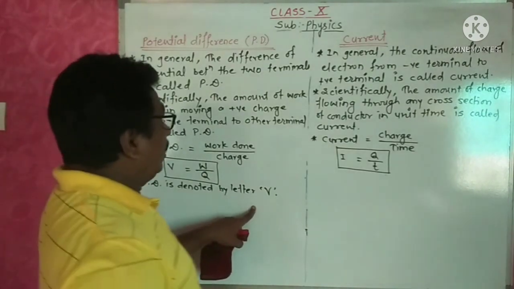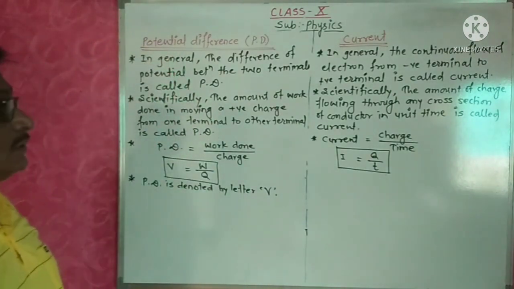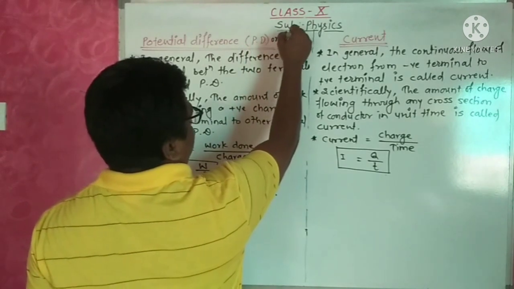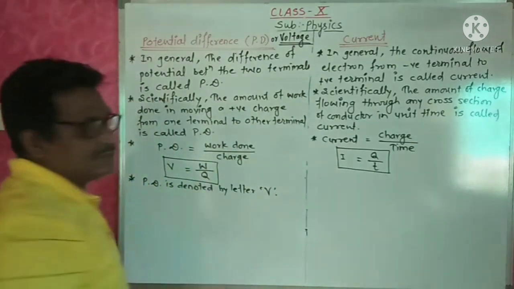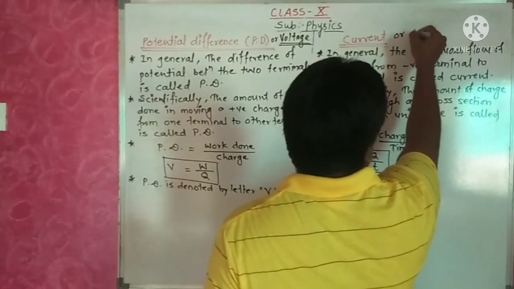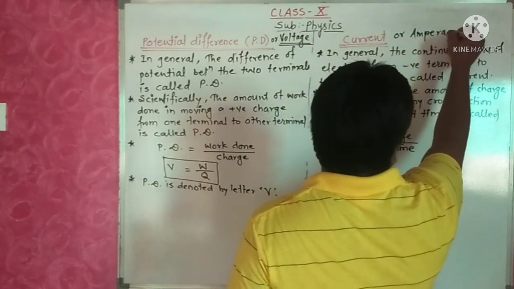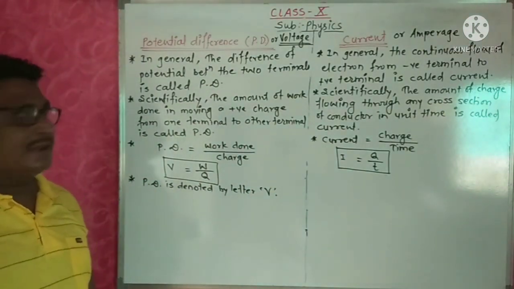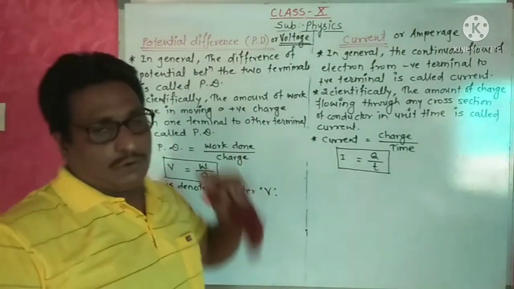V. Another name for potential difference is voltage. And what is the another name for current? Amperage. Another name of current is amperage and another name of potential difference is voltage.